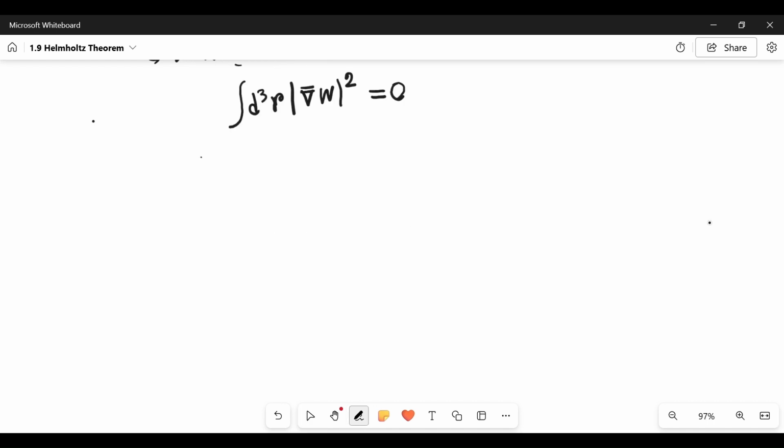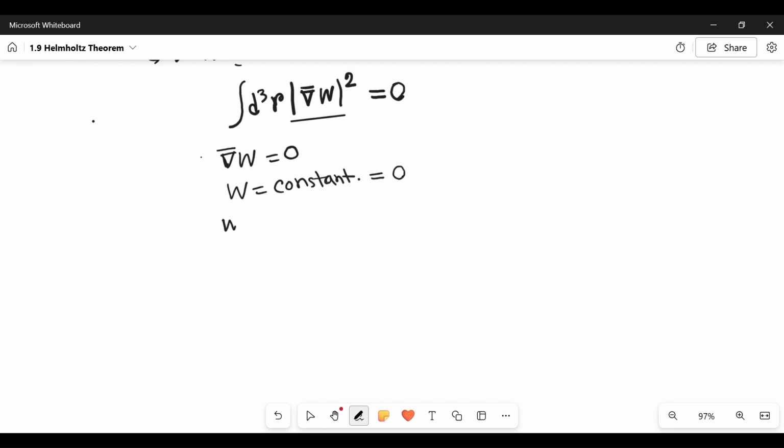The square of the modulus of gradient of W is always positive, so the only way for the integral to be 0 is that the gradient of W is 0. So W is constant. As the condition was that C goes to 0 at infinity, W is also 0 at infinity, so the constant becomes 0.